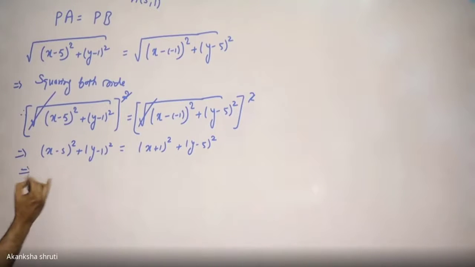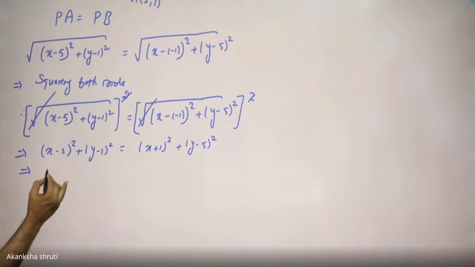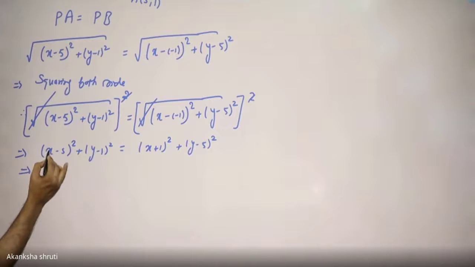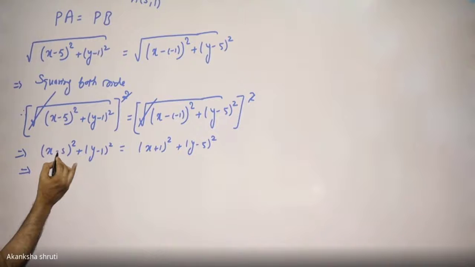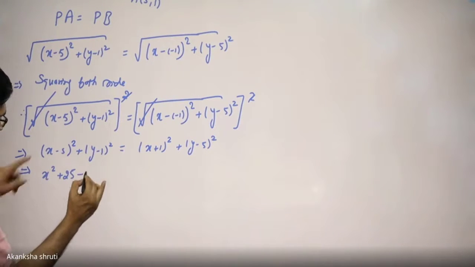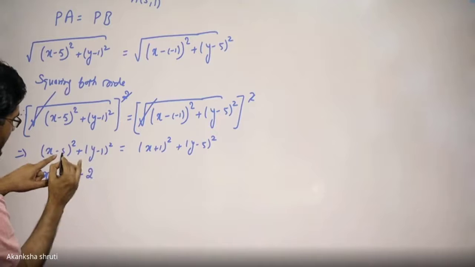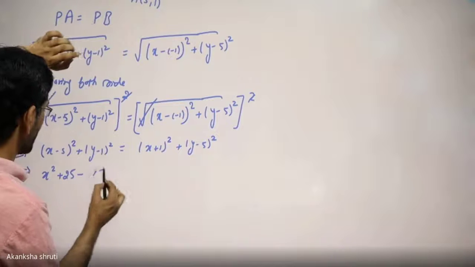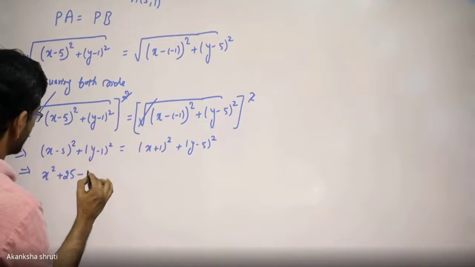Students, now we have to break these whole squares. It is like (a minus b) whole square, which we can write as a squared minus 2ab plus b squared. So we can write this as x squared, plus 5 squared which is 25, minus 2ab, twice into 5 and x, which can be written directly as 10x.